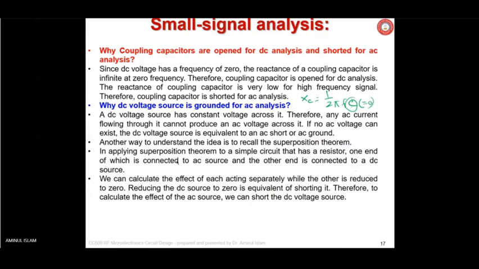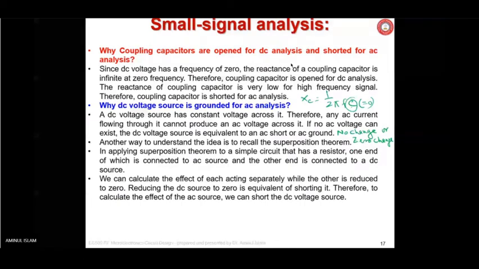If you apply some AC voltage across it, its voltage is not going to vary. No change in voltage, zero change. So for DC, it is at 0 potential for an AC signal. For an AC signal, the DC voltage is 0.